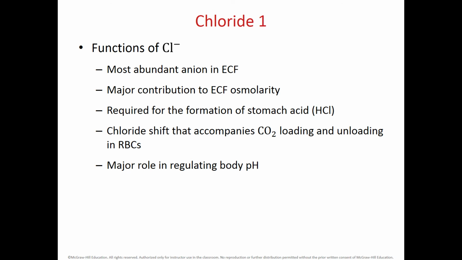Now, chloride is necessary for the formation of hydrochloric acid in the stomach, and also helps to maintain this exchange of CO2 in the red blood cells by something that we call the chloride shift. And because of this chloride shift and this exchange of CO2 within the red blood cells, chloride also plays a major role in regulating the pH of the body.